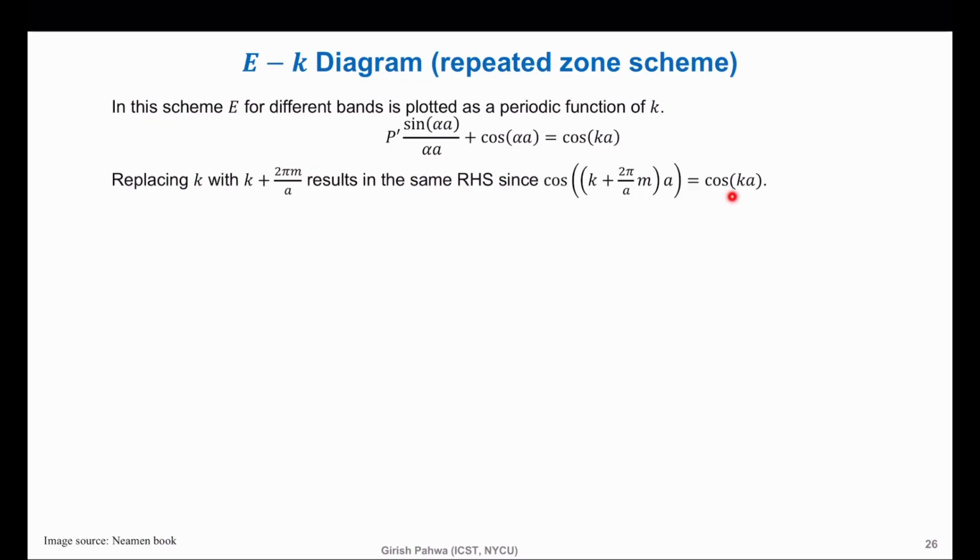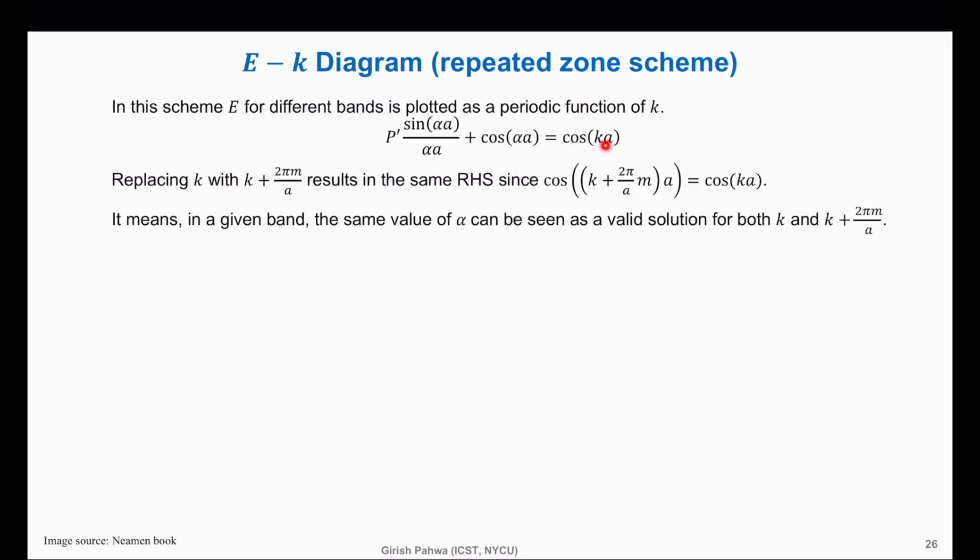So if that's the case, for cos ka, if you replace k with k plus 2 pi m by a, the right hand side remains the same. So you get the same allowed value of alpha. The right hand side is not changing, so same alpha can be obtained from k as well as k plus 2 pi m by a.